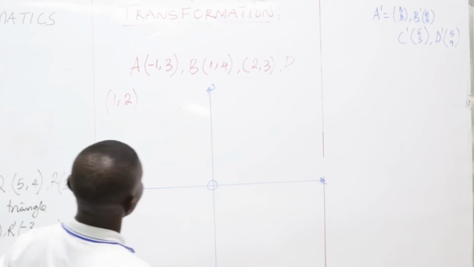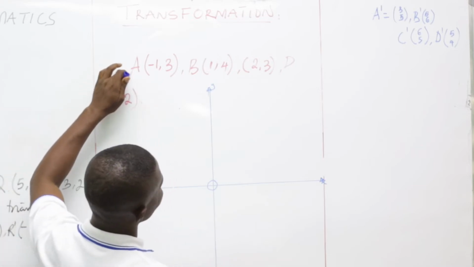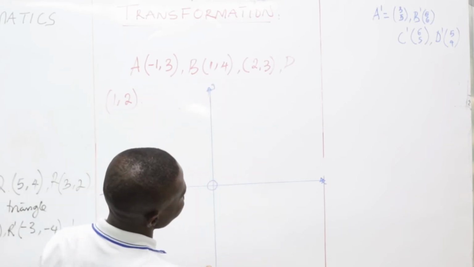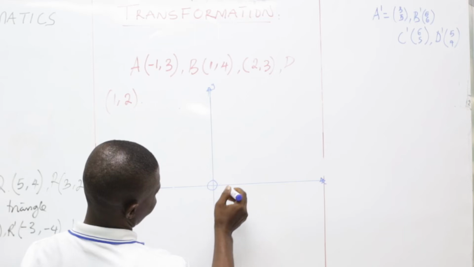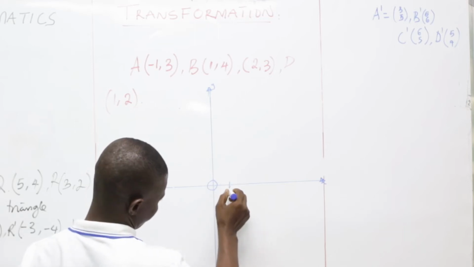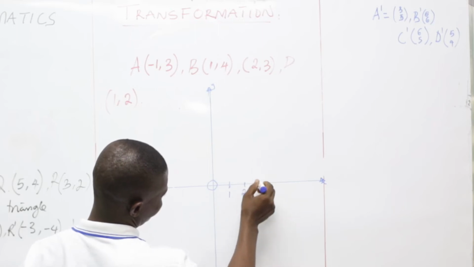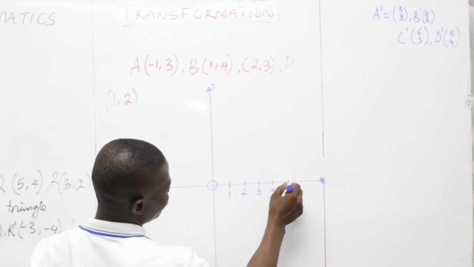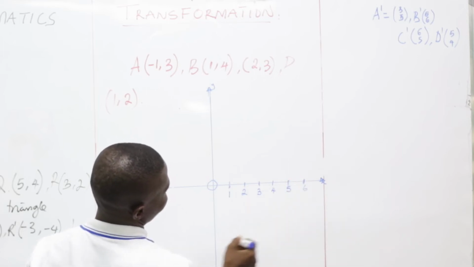So, the highest value for x under object is 2, y under image is 6. Let us divide it into divisions 1, 2, 3, 4, 5, 6.